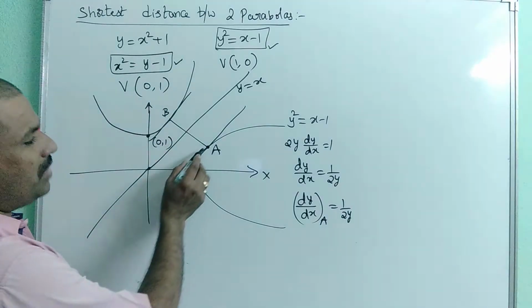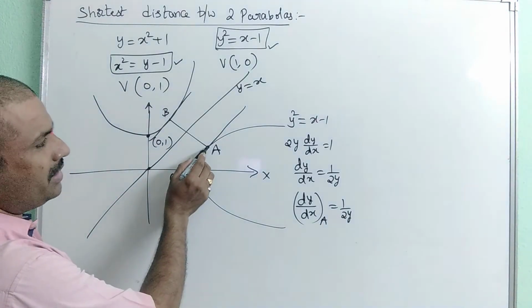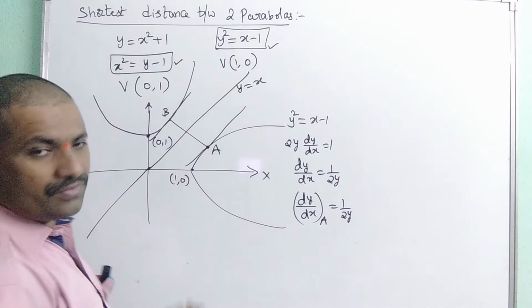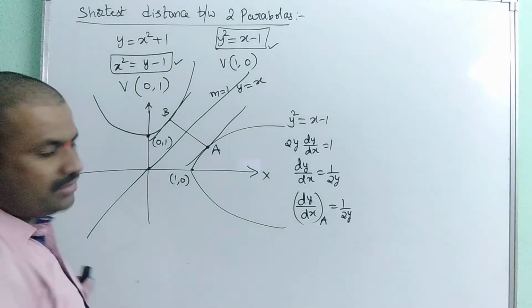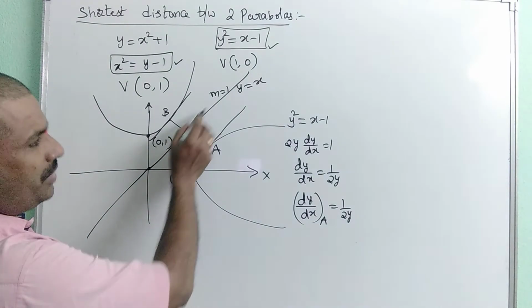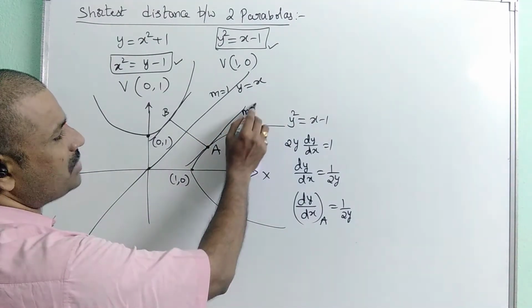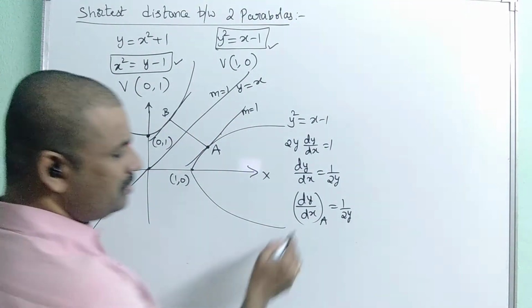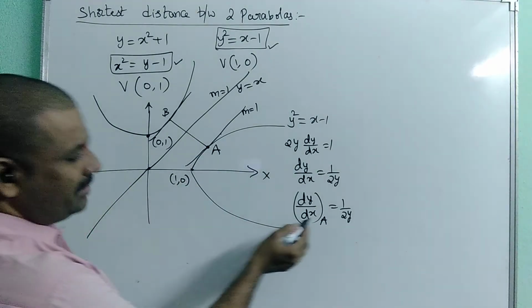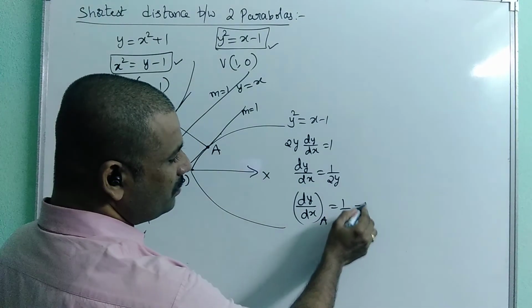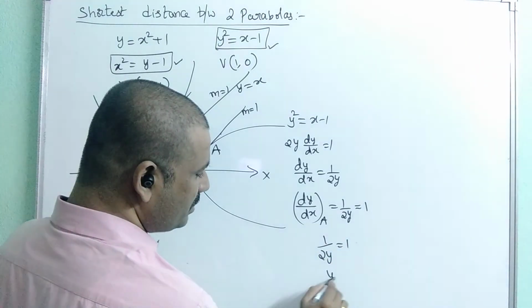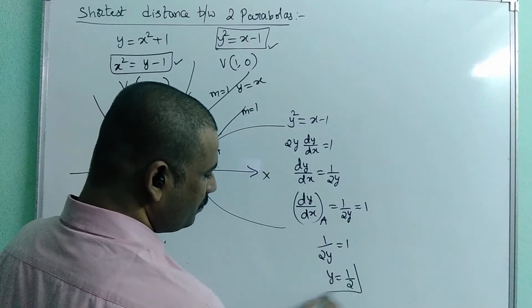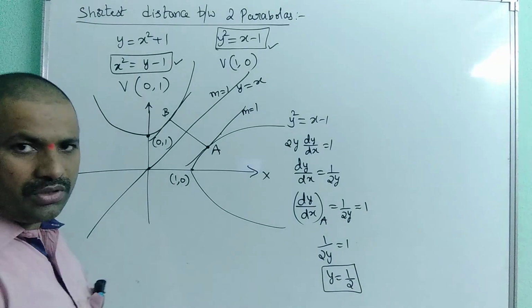What is the slope of the tangent at the point A, parallel to y equal to x? What is the slope of y equal to x? 1. Then this line is parallel to y equal to x. This line's slope is also 1. So the slope of the tangent at the point A is equal to 1. So 1 by 2y equal to 1. This implies y equal to 1 by 2.